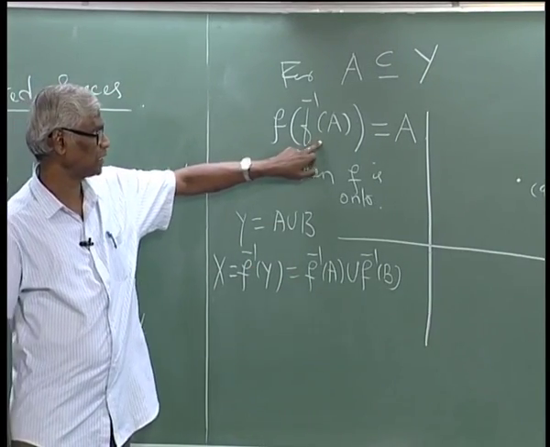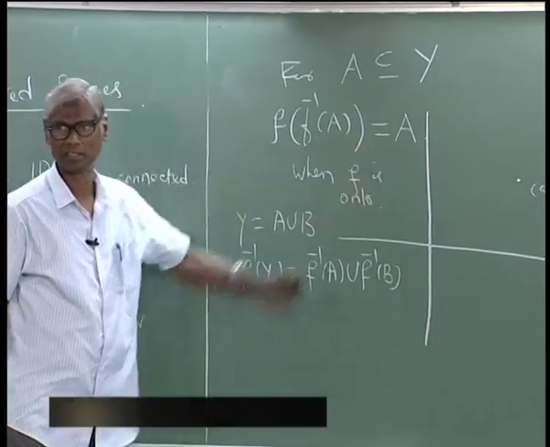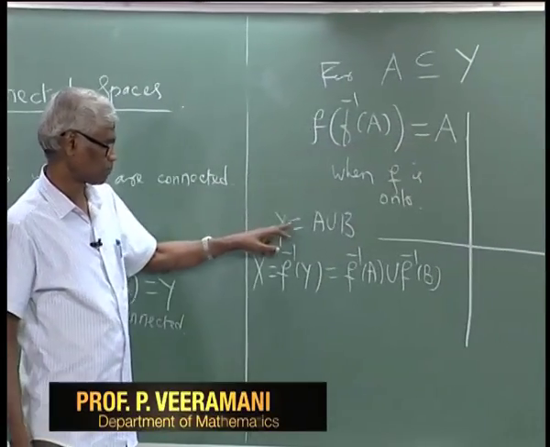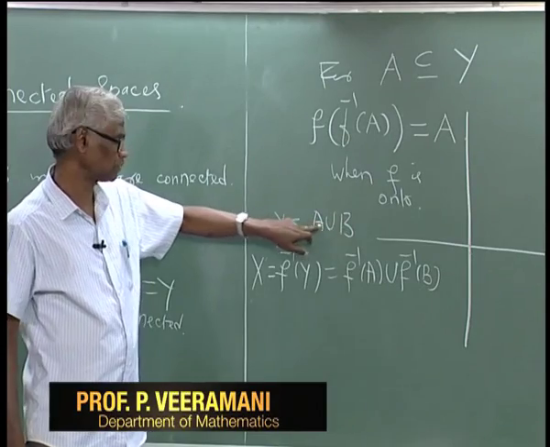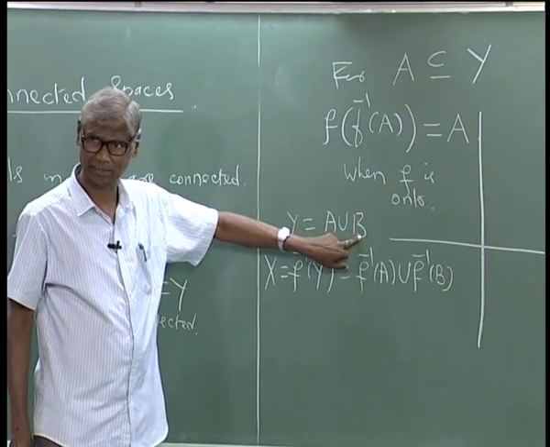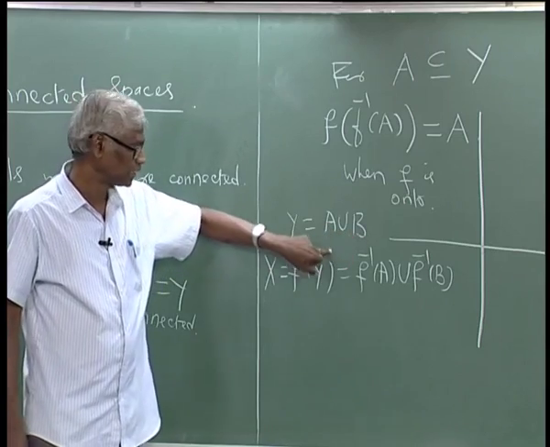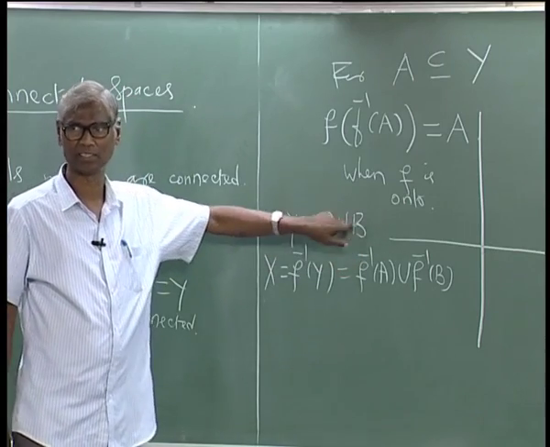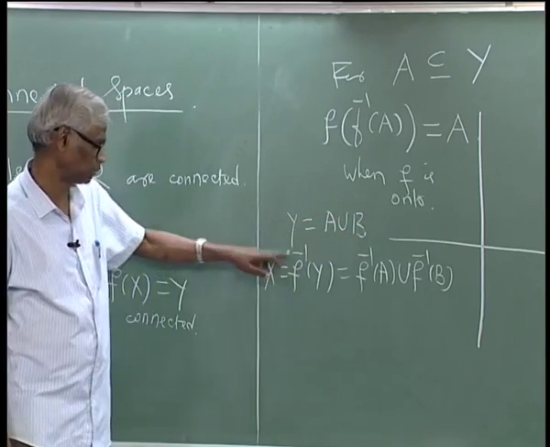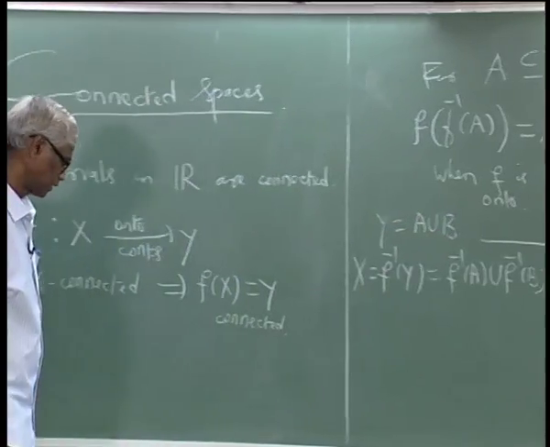So f inverse of A empty implies A is empty. So if you have a separation, meaning A and B open, non-empty sets with Y equal to A union B, then either A is empty or B is empty. That means the image is connected.